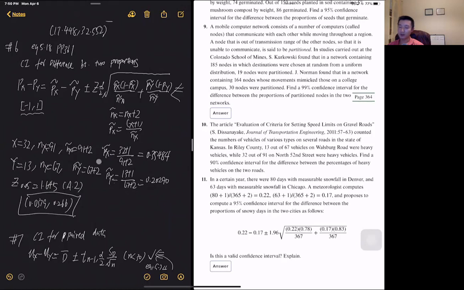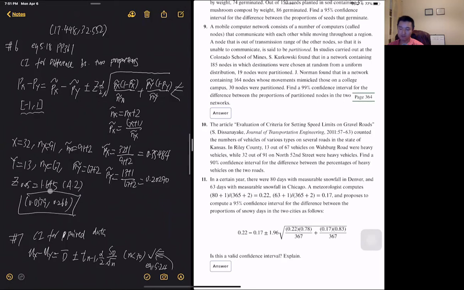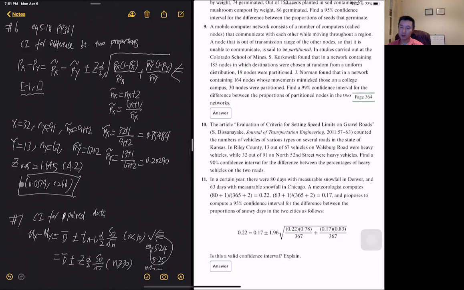Then we can plug these numbers into this equation. For z half alpha, the question asks for a 90% confidence interval, so half alpha is 0.05. Based on table 8.2, z half alpha is 1.645. So the range is this. That is question number 6.